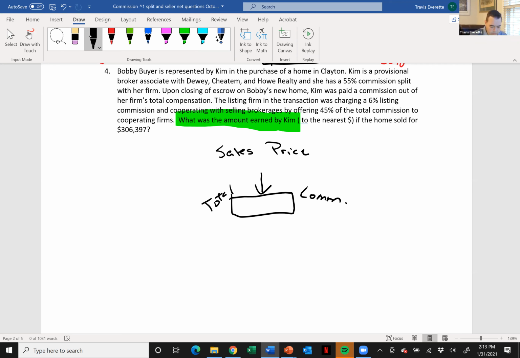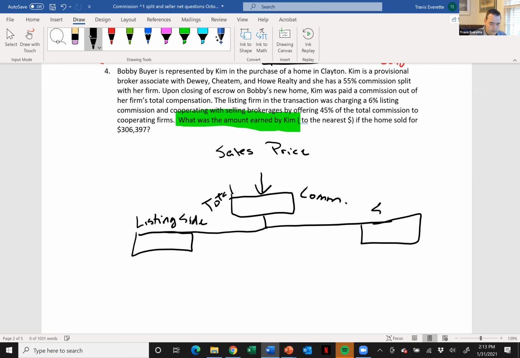And then we know that that total commission is going to get split into two sides. We have the listing side and we have the selling side. Let's try to fill this in. See if we can make sense of it.